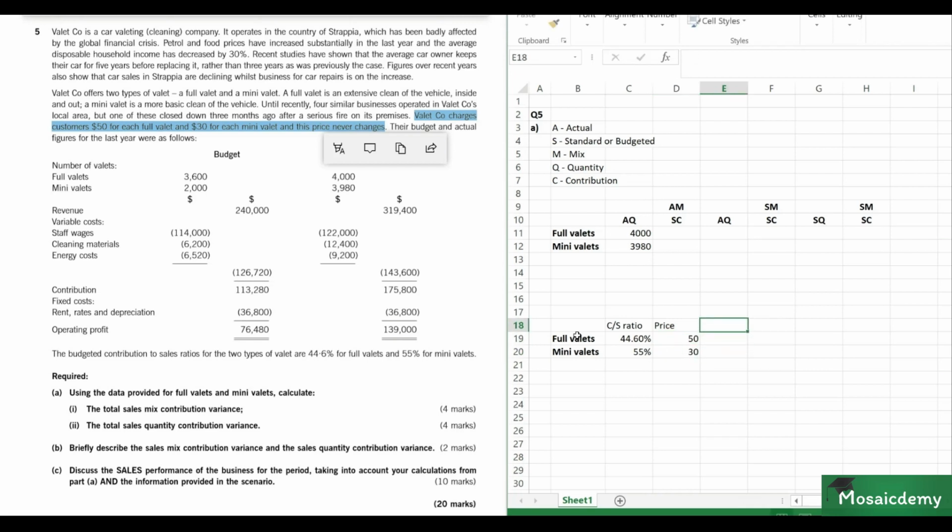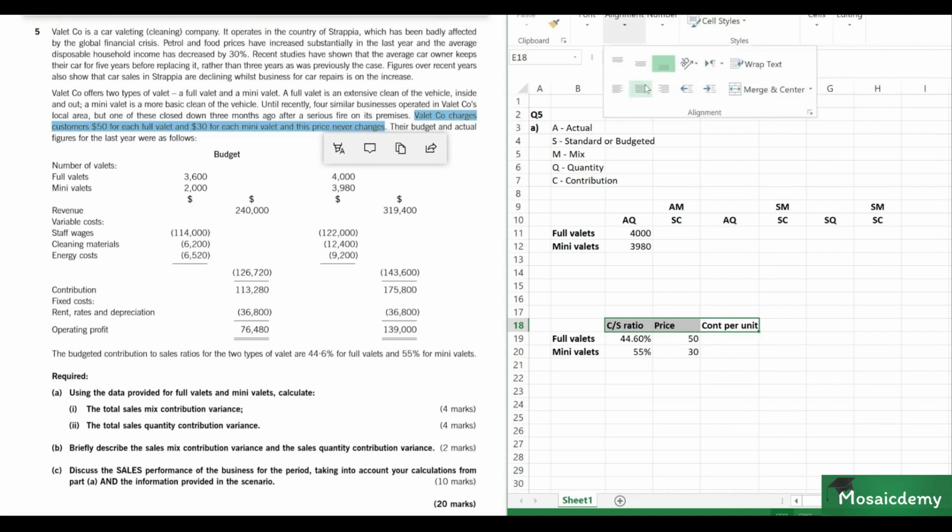So we multiply these together to get the contribution per unit. Okay, let's just stretch this out a bit, and let's make these headings bold, and let's centralize them for presentation purposes. Okay, so this multiplied by this, $22.3 for full valets contribution per unit and 16.5 for mini valets.